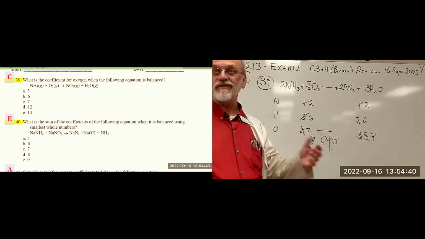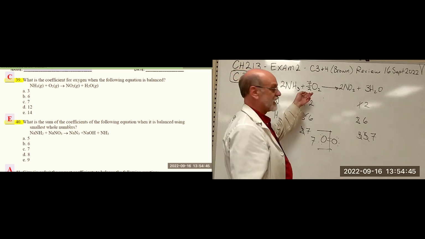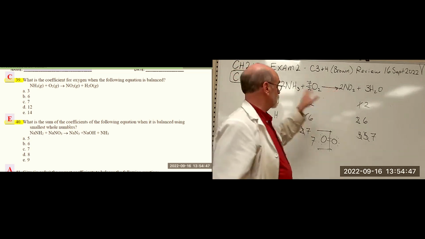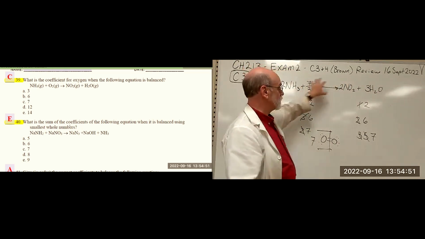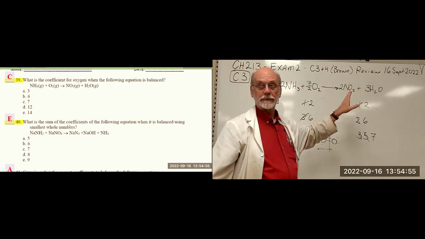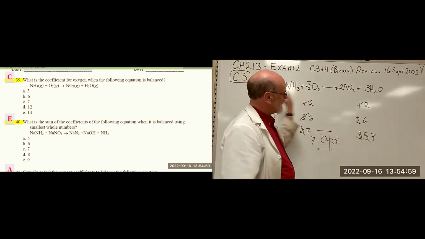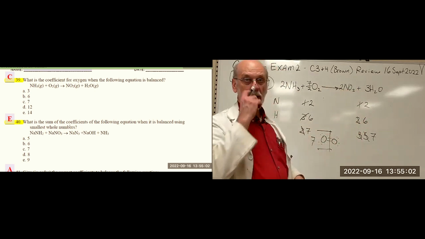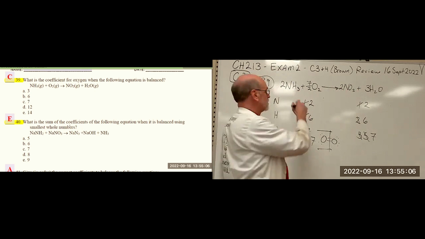Now we want to get rid of the fraction. How do you get rid of a fraction like that? Multiply everything through. This ratio is now fixed. That is the molar ratio of all reactants and products. It's balanced, but it's not whole numbers. So if we multiply everything through by 2, 2 times 7 halves is 7, correct?